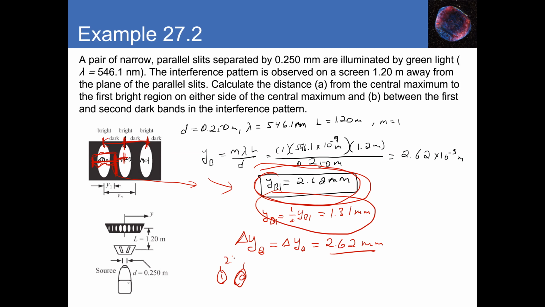The distance between the second and third bright is also 2.62. So the spacing is the same as between m equals 0 and m equals 1 for the bright, or m equals 1 and m equals 2 for the dark. They all have the same spacing, and that's what we have in this example.